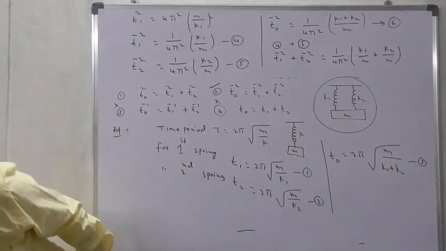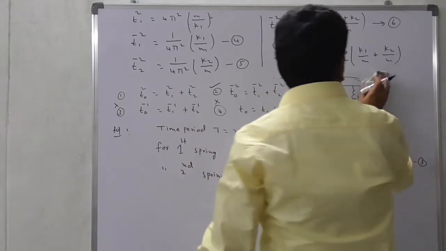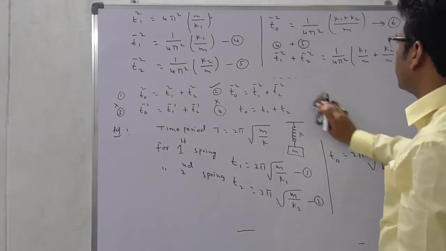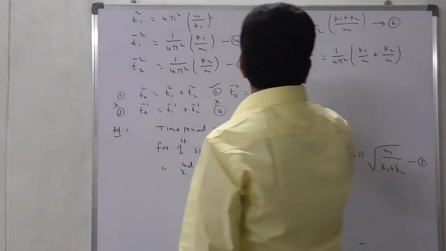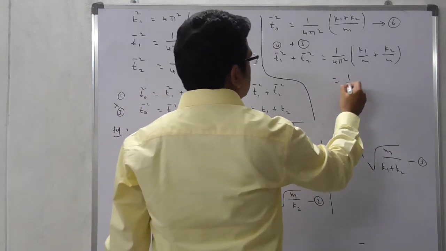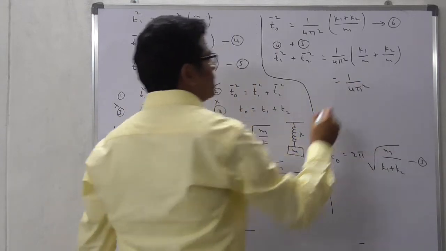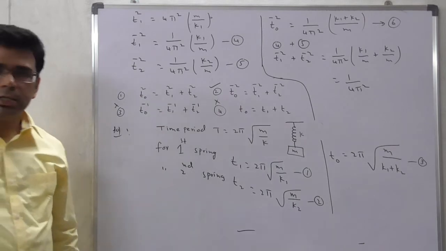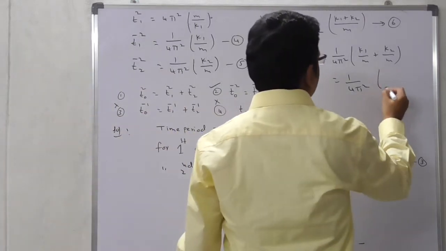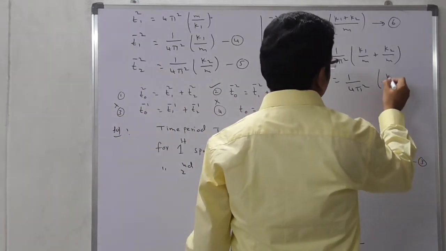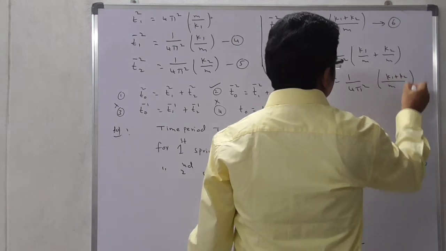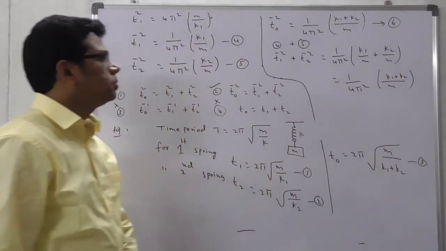What is k1 by m plus k2 by m? Here m is the LCM, therefore we can add the numerators directly, k1 plus k2.